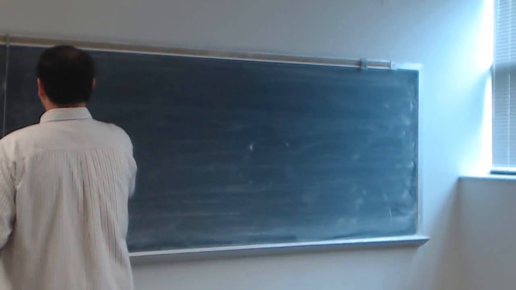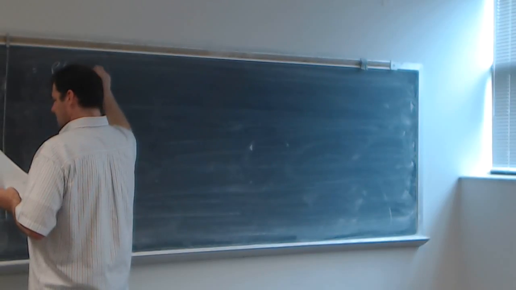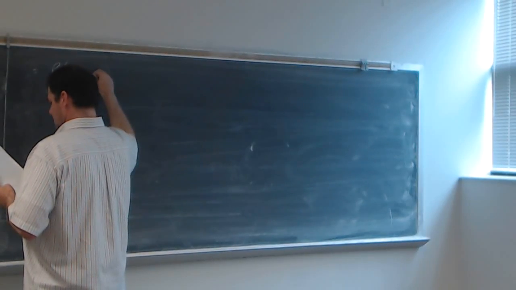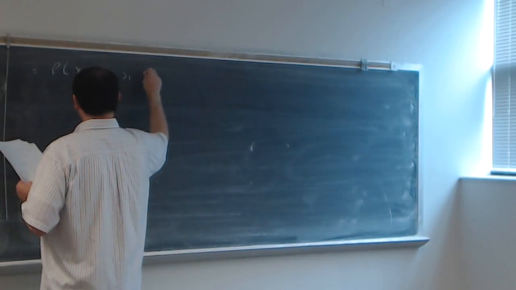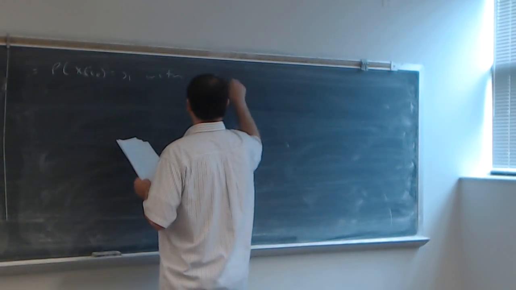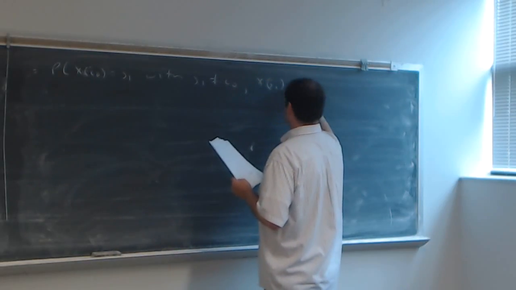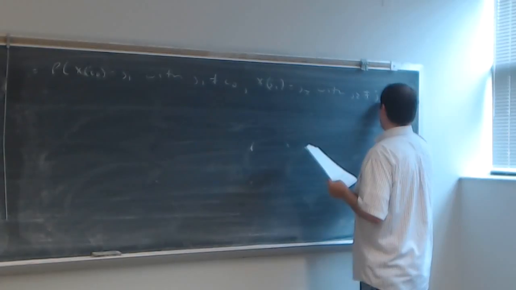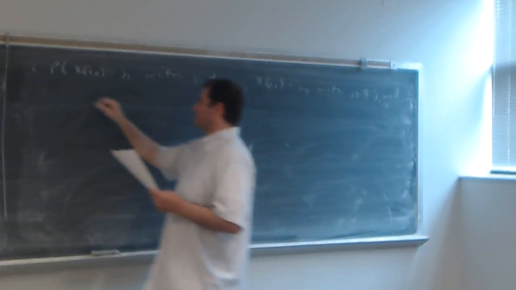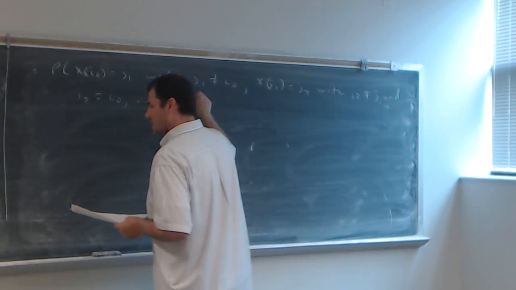Okay, and that can be thought of as the probability that x of I sub naught is equal to j sub 1, with j sub 1 being different than I sub naught, and x of j sub 1 is equal to j sub 2, with j sub 2 being different than j sub 1, and j sub 2 being different than I sub naught, all the way up to x.